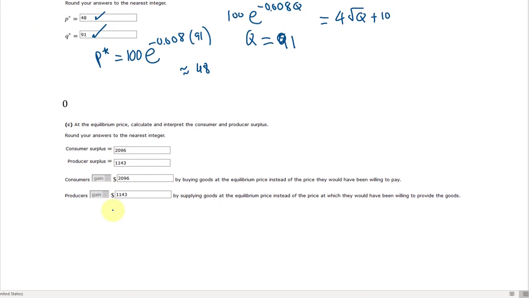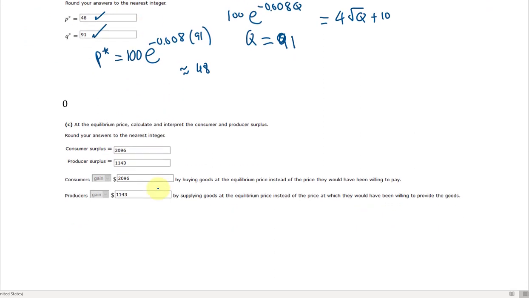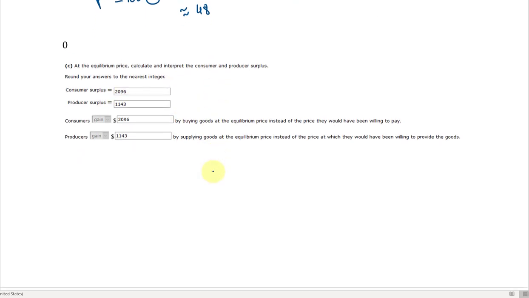Alright, so we got the point of equilibrium, and now we are at the step to find the consumer and producer surplus. Consumer surplus. We got the equation from the lecture.